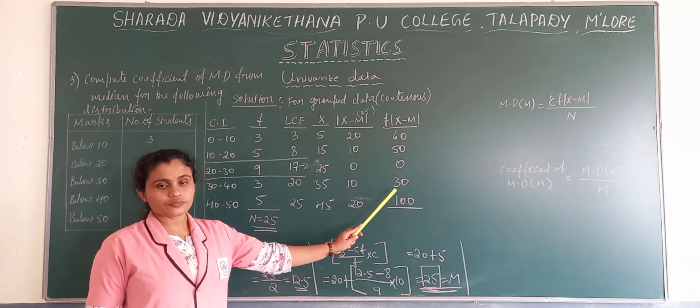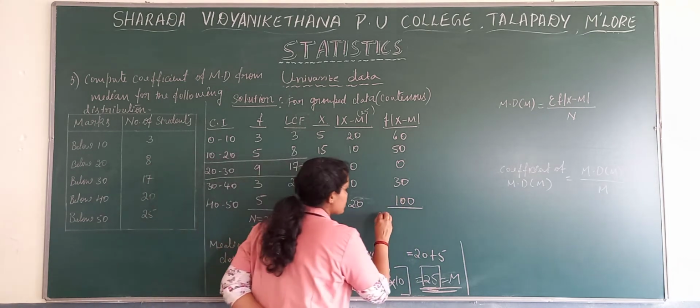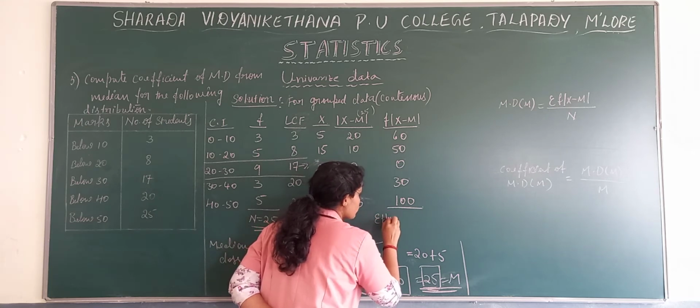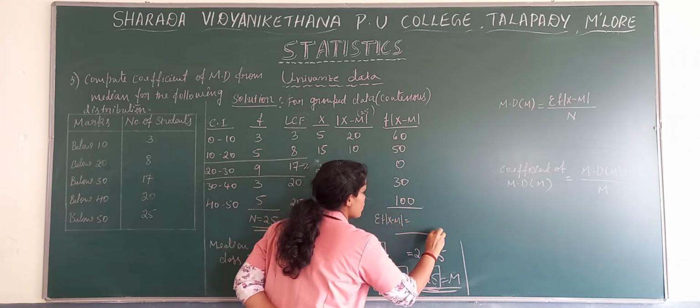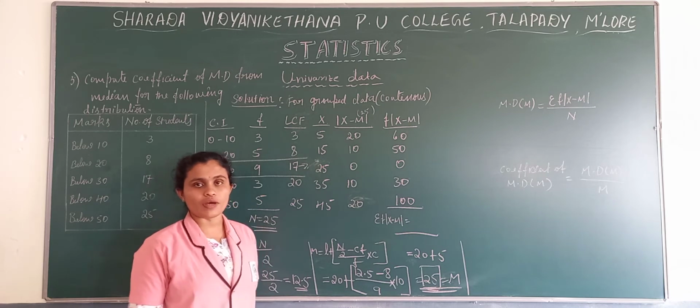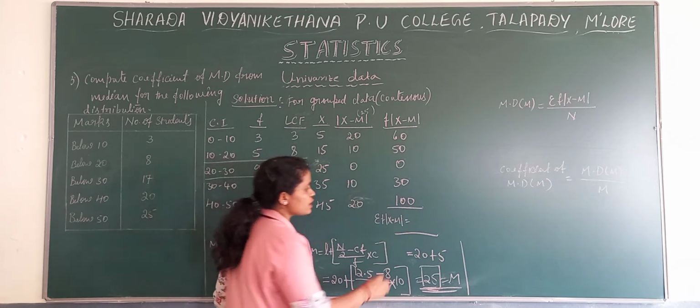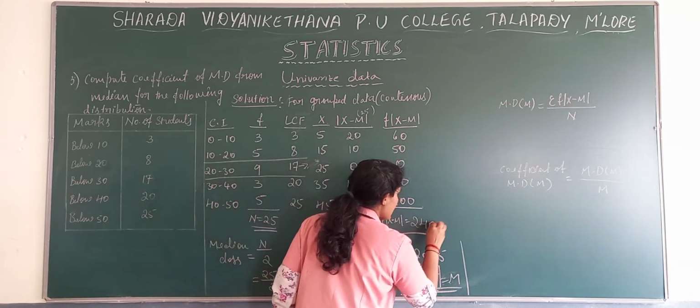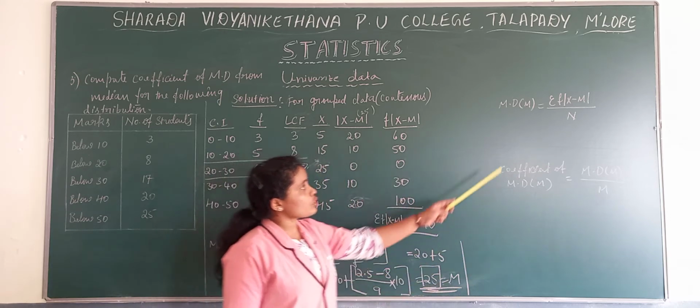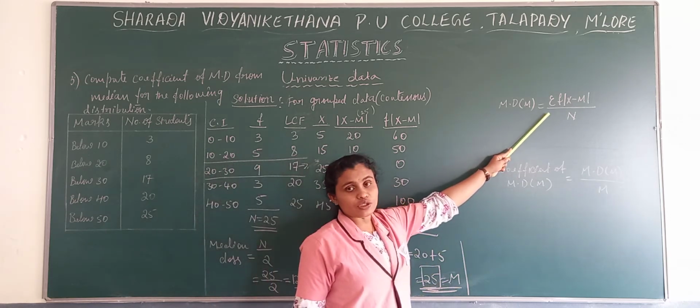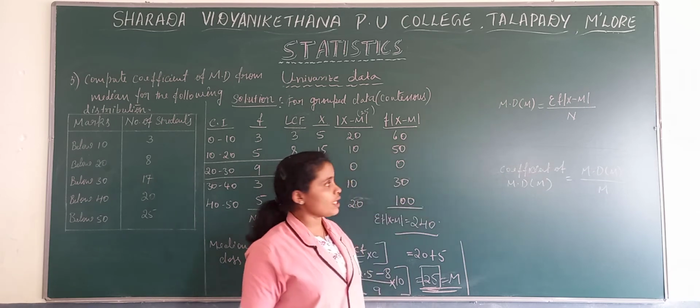Now we need to total it, sigma f into modulus x minus m. When we total it here, we get 240.